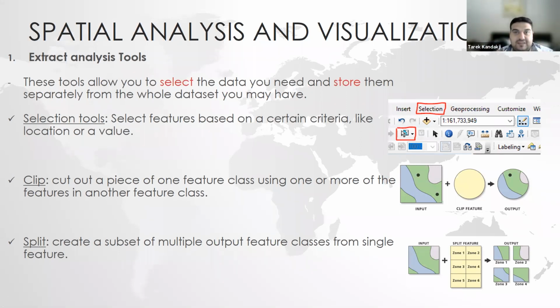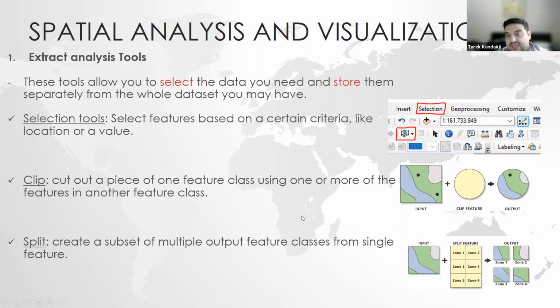Like you want to split Africa into multiple maps. So you create a grid where you have zone 1, zone 2, zone 3, zone 4, 5, and 6. So you put this over this one, and the output feature will be 4 features, each one representing the part of the grid assigned to it.